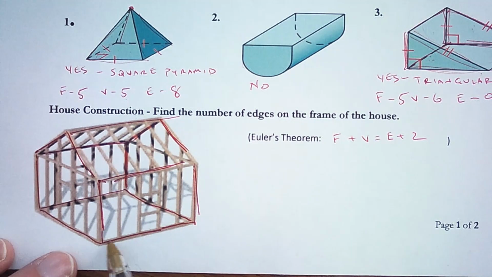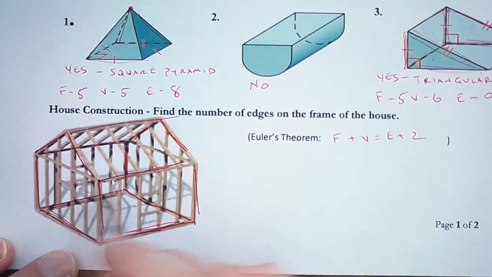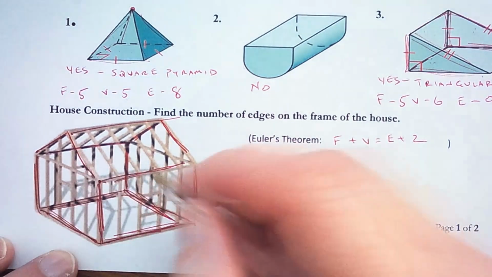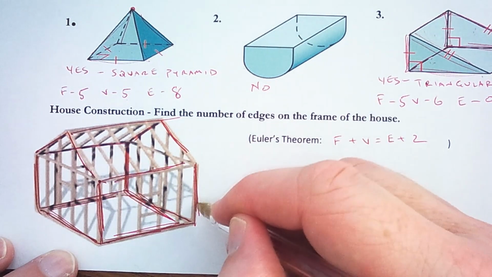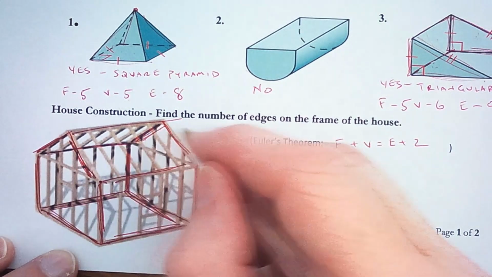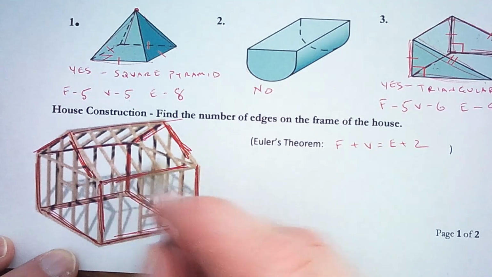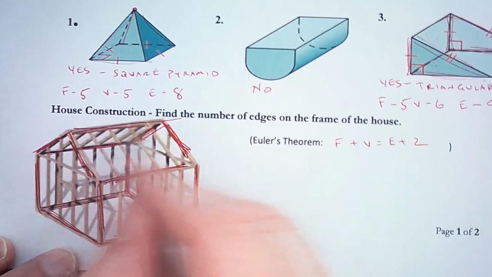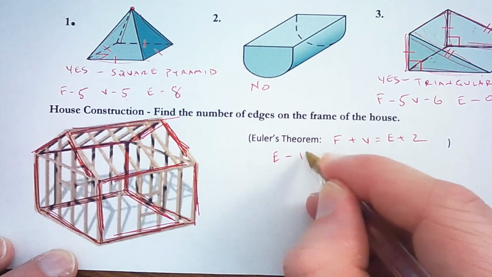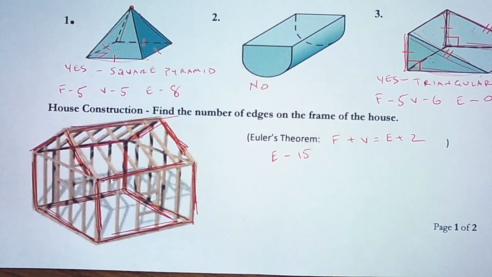And I'm not sure if I counted that correctly, so let's try that again. We've got 1, 2, 3, 4 around the bottom. 5, 6, 7, 8, 9, 10, 11, 12, 13, 14, and 15. So I'm saying the number of edges is 15.